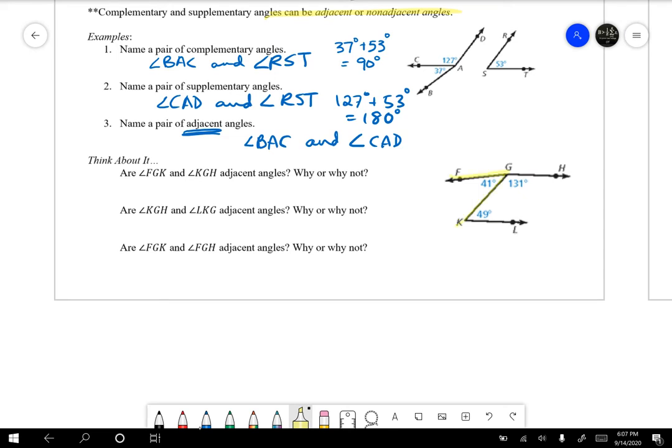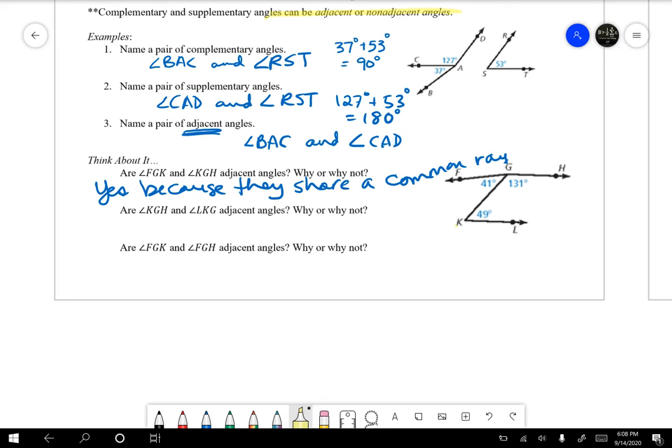Of course you would say yes, because they share a common ray, and nothing else is on the same side. They share a common ray and they have no interior points.